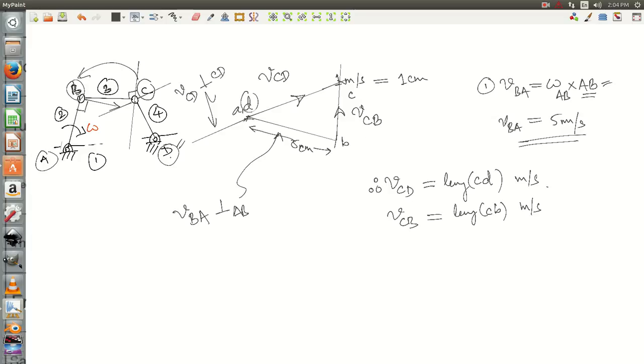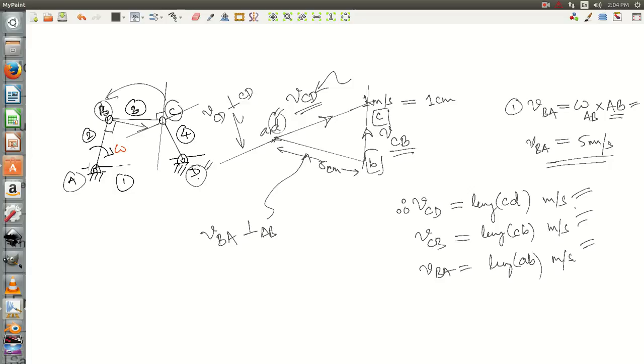Here the absolute velocity of C is given by VCD because point D is fixed, whereas the relative velocity of C with respect to B is given by VCB, and the velocity of B with respect to A is nothing but the length of AB, which we already know, in meters per second.